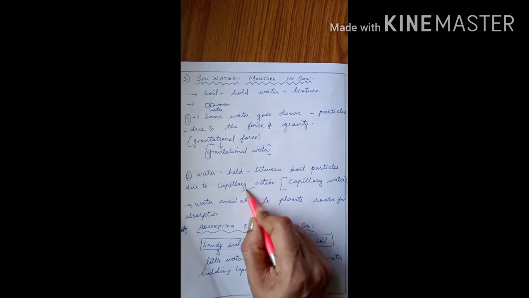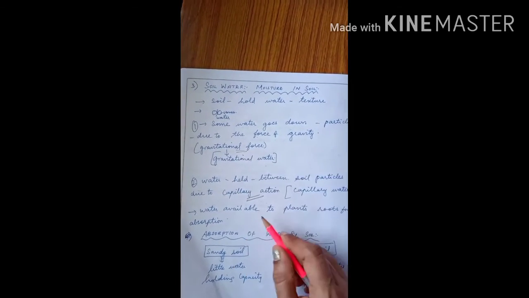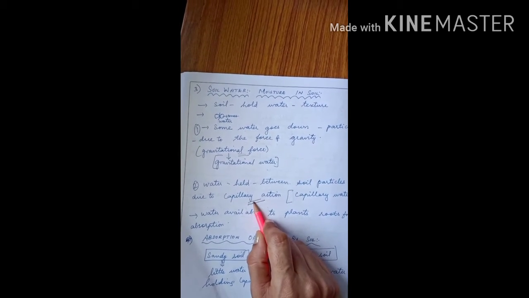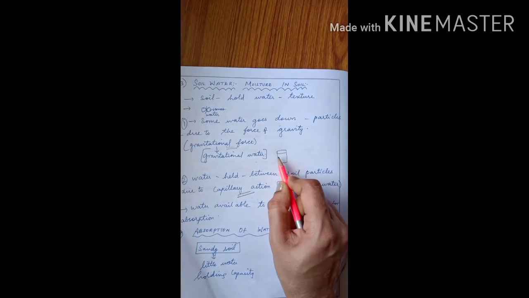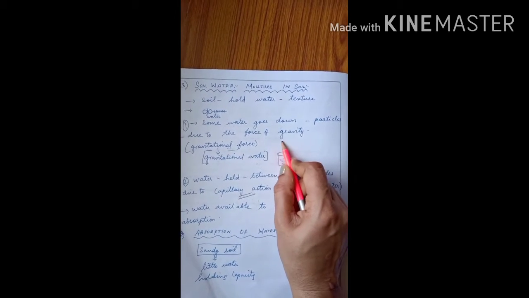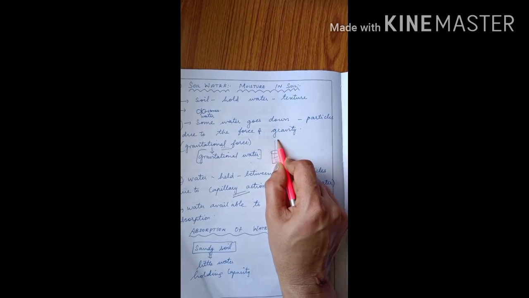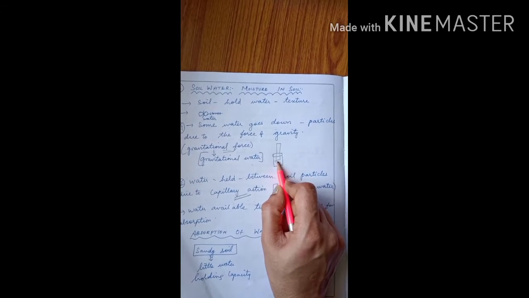What is meant by capillary action? Because we all know about gravitational force. Capillary action means, for example, take a glass tumbler or a beaker with water, and just dip a piece of cloth or a handkerchief.